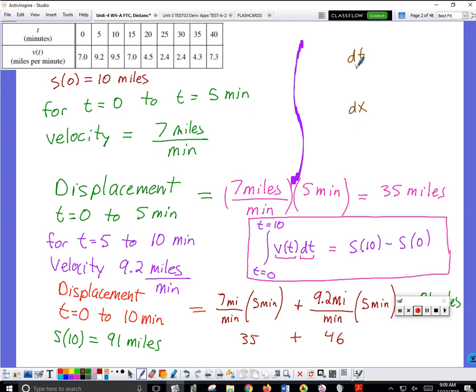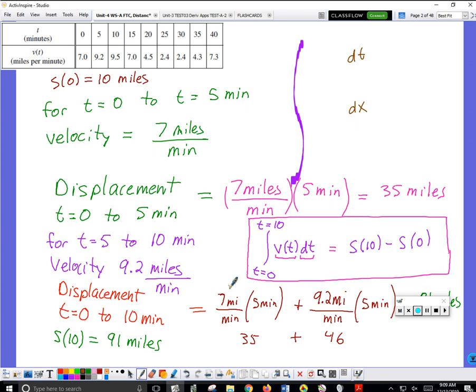Okay, cool. So right here, when we integrate, we're supposed to take velocity and multiply by some small amount of time. Mentally it's a little hard to wrap our head around an infinitesimal amount of time, so let's use numbers that are a little easier to comprehend. Let's say that for this airplane, for the first 5 minutes of its flight, the velocity is 7 miles per minute.